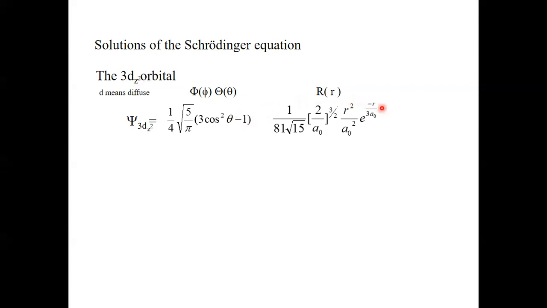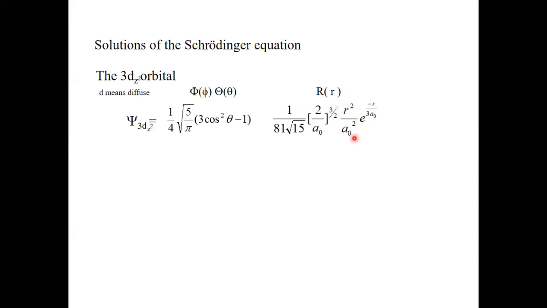Here is the radial part of the wave function. You see again we have our exponential term, e to the power of minus r over 3a0 in this case. We have this simple coefficient, which is also just a simple number, 2 over a0 to the power of 3/2.